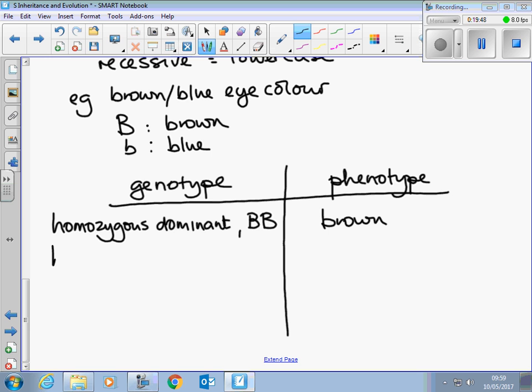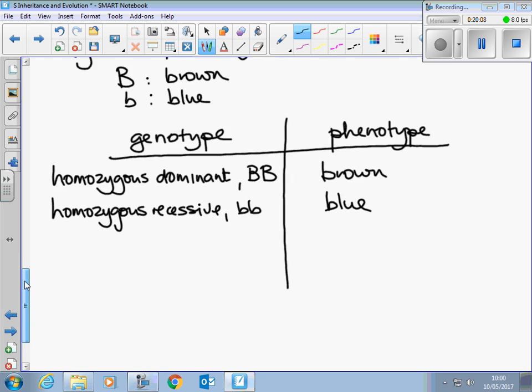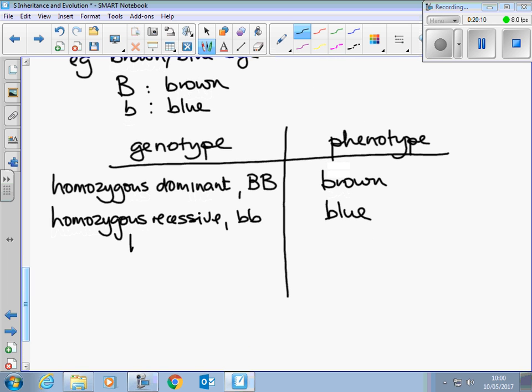We can also, of course, have homozygous recessive, which is our little b, which gives us blue.